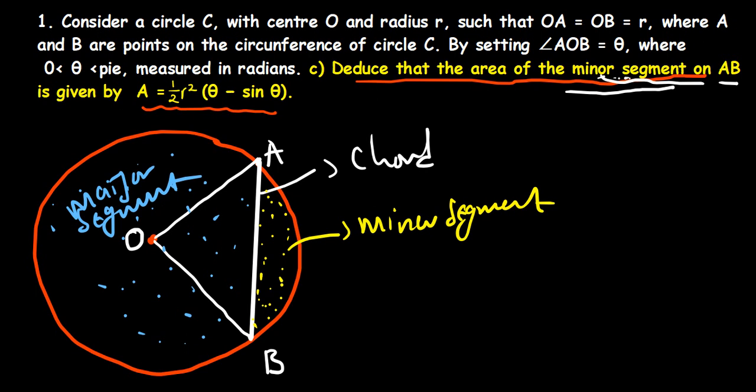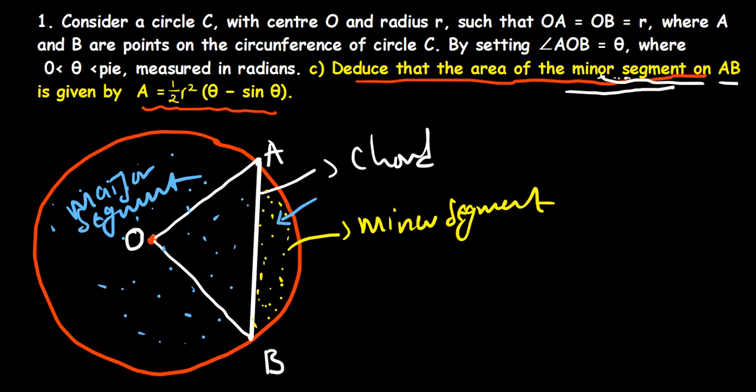Now we want to find the area of this minor segment. How can we find the area of the minor segment? The area of the minor segment will just be equal to the area of this sector here, let me show it maybe in green.